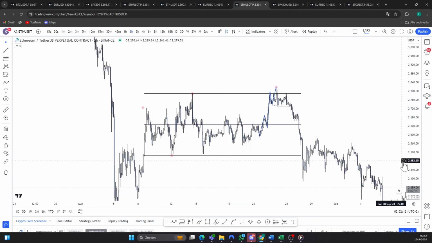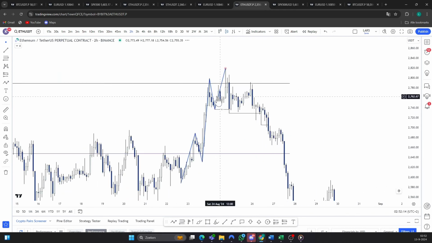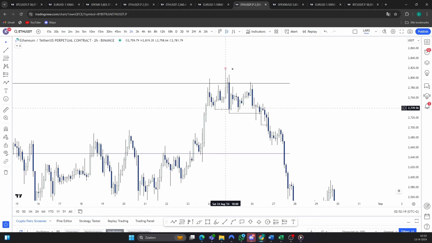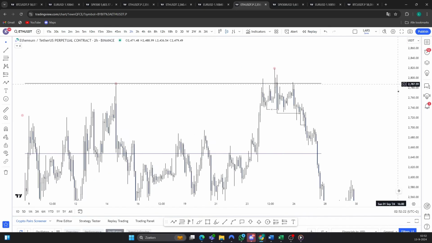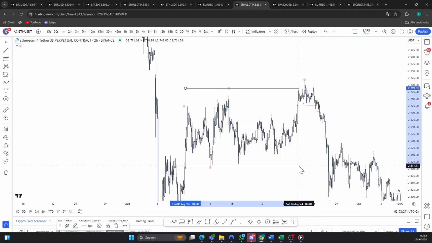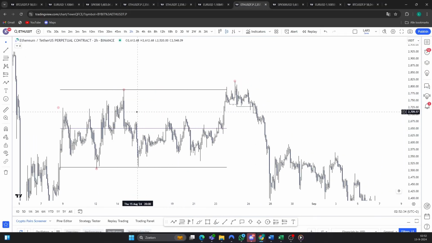Now, if something may have already caught your attention, this was the range we just used to talk about low time frame and high time frame TCT schematics. I don't know why my TradingView is giving up on me right now, but okay, I think we're all good to go.